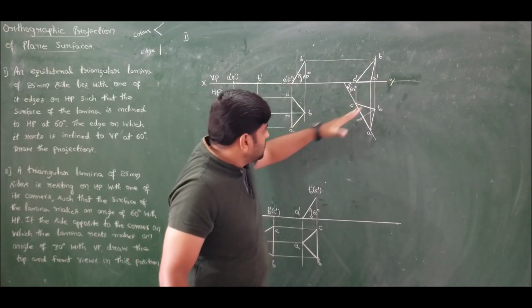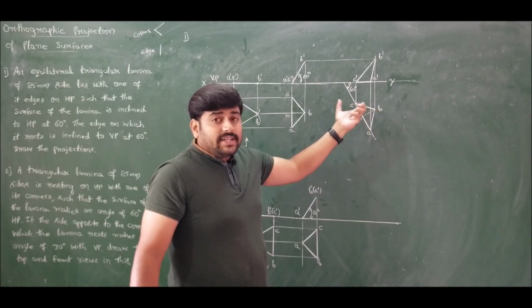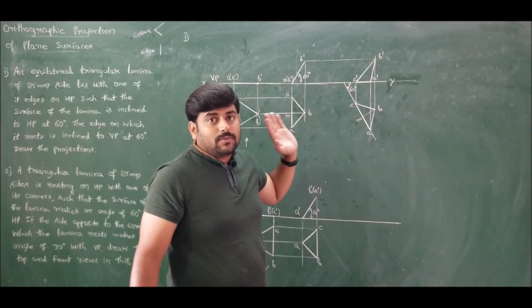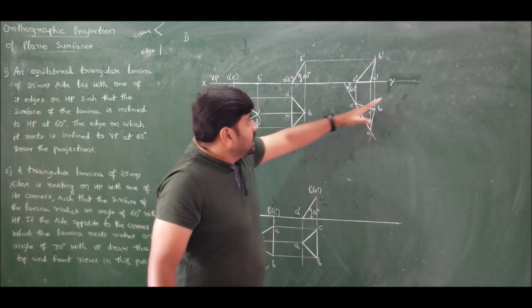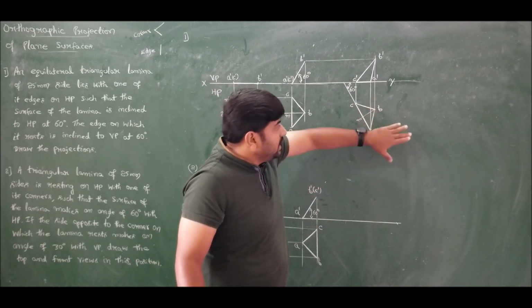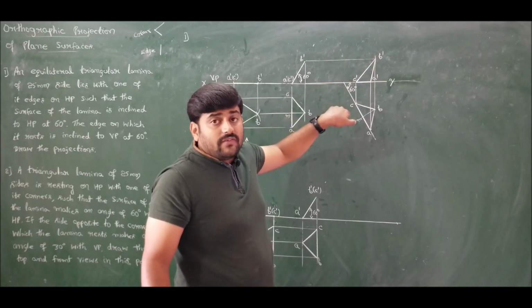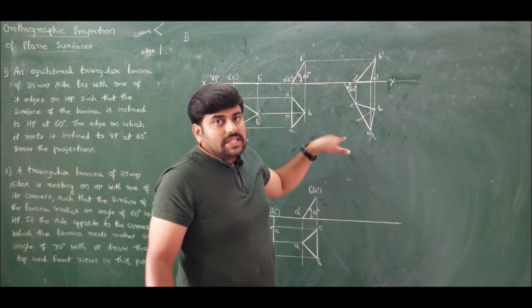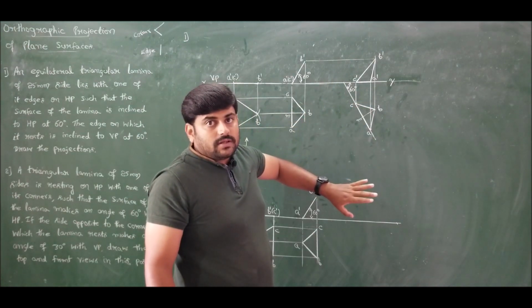You can also draw a 60 degree line and place it on that. So you can give totally 4 different solutions for this problem in the third position. I can take B downward and I can draw a 60 degree line and place it on that, and also take B nearer to the observer. So totally 4 possible solutions are there for every problem we discuss on plane surfaces. So any of these is correct, no need to worry.